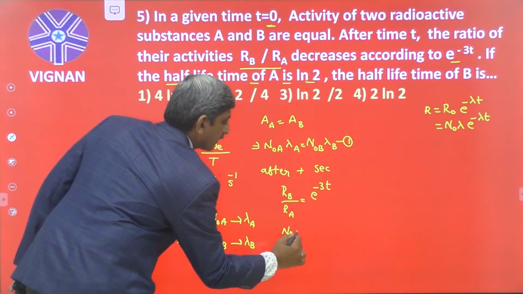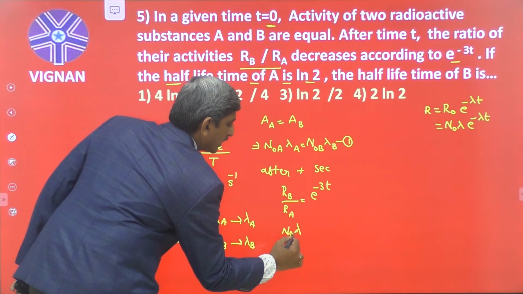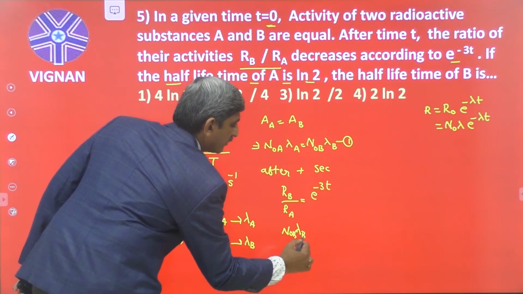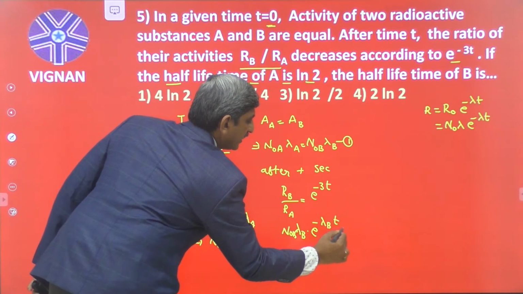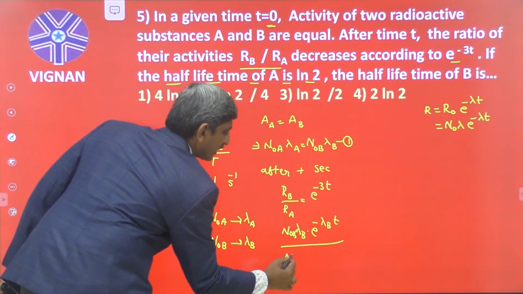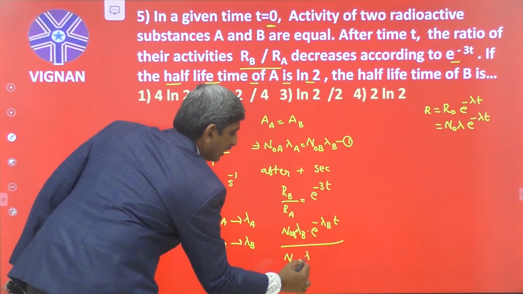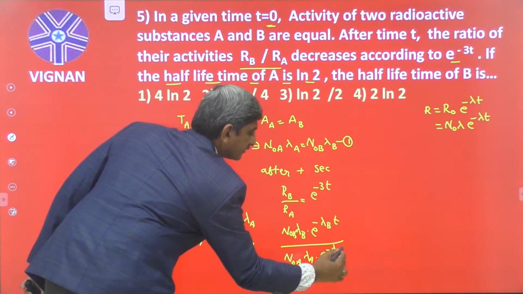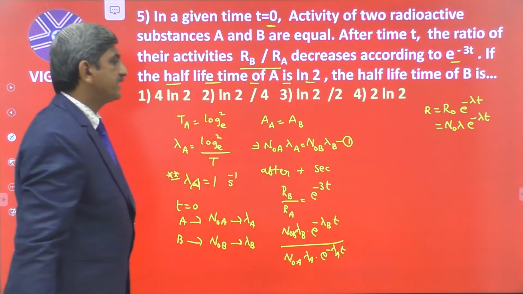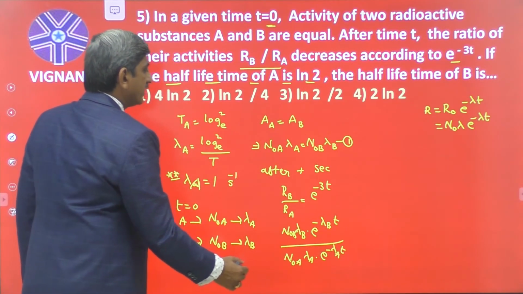This Rb is equal to N0B lambda B into e to the power of minus lambda B t divided by N0A lambda A into e power minus lambda A t. It is given that the initial activity is same.